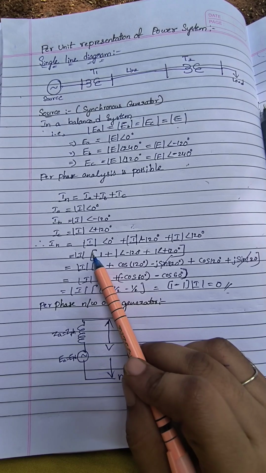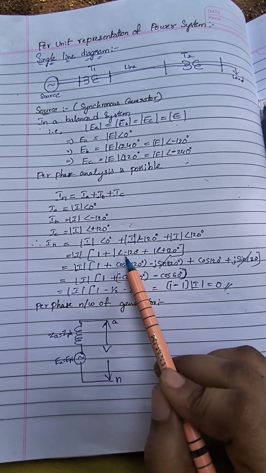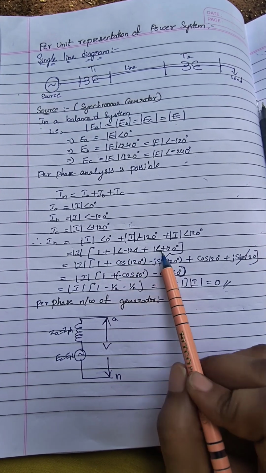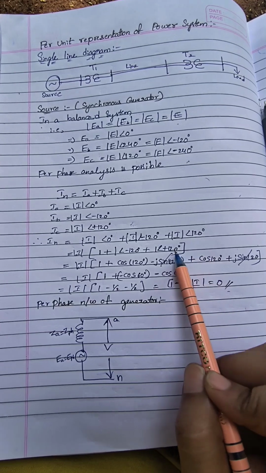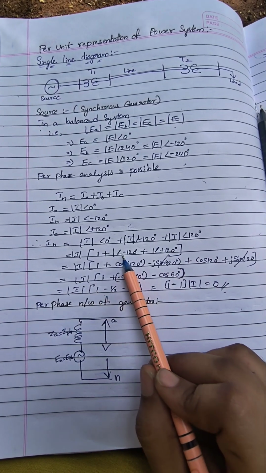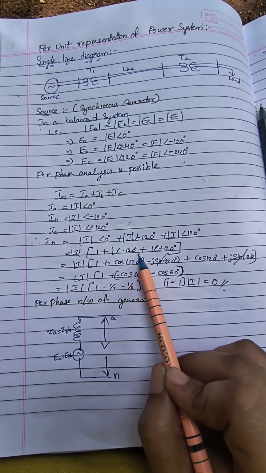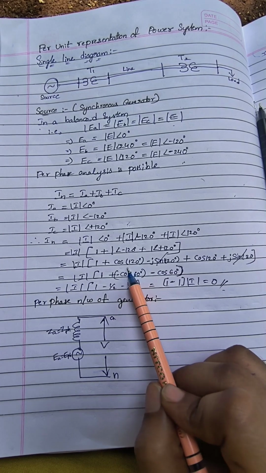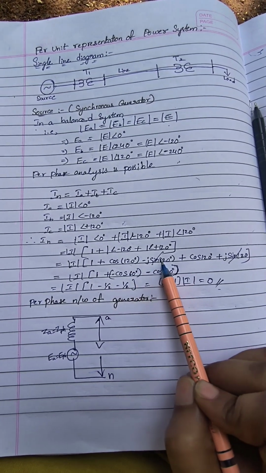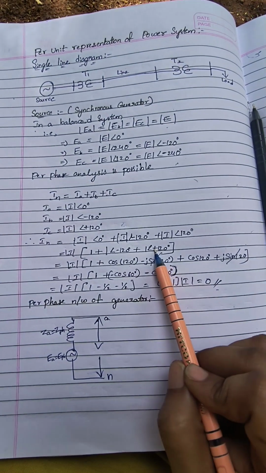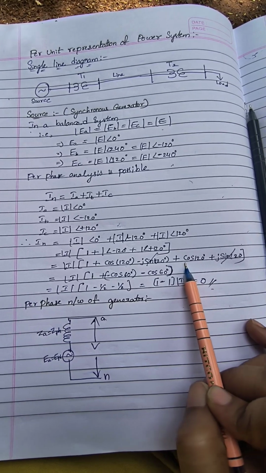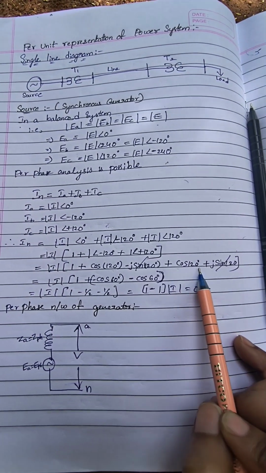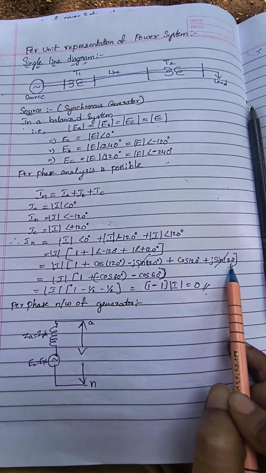I value is common here, so 1 plus 1 at an angle minus 120 degree plus 1 at an angle plus 120 degree, and we know that 1 at an angle minus 120 degree is written as cos 120 degree minus j sin 120 degree, and 1 at an angle 120 degree is written as cos 120 degree plus j sin 120 degree.